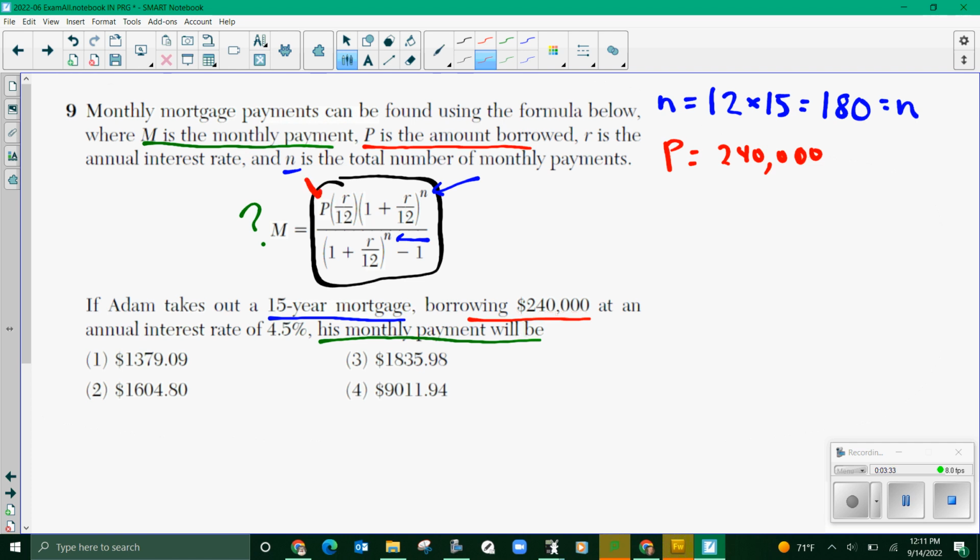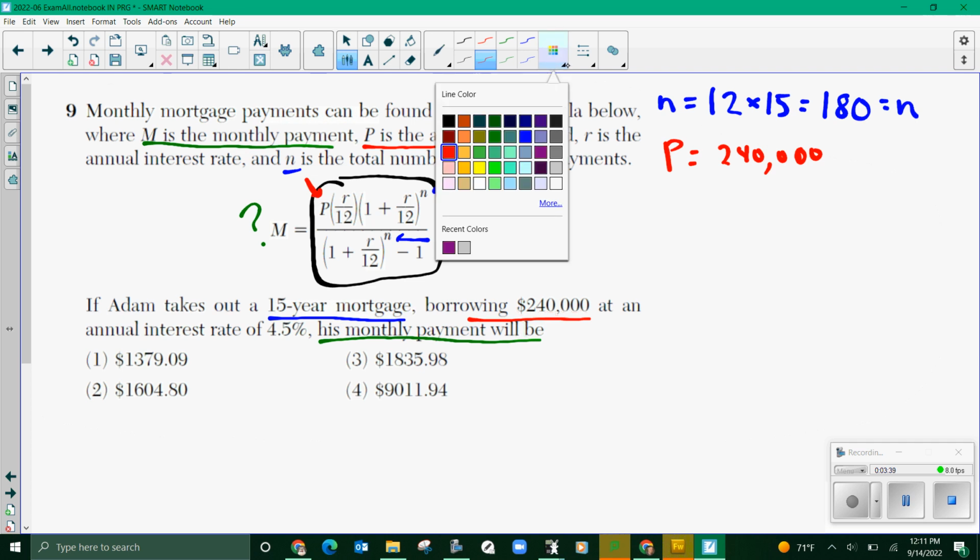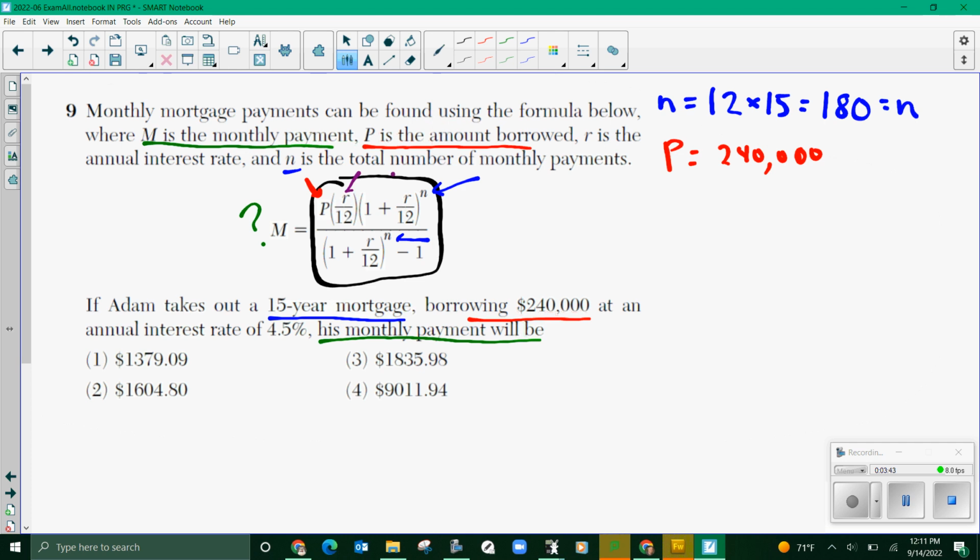The last thing I need is the R, and that happens in 3 locations. Okay, purple. Here, here, and here. Okay, so my R, you might say, is 4.5%, but please be careful. Your calculator does not have a percent button. What does that mean?